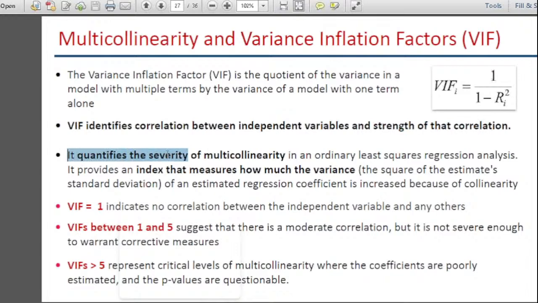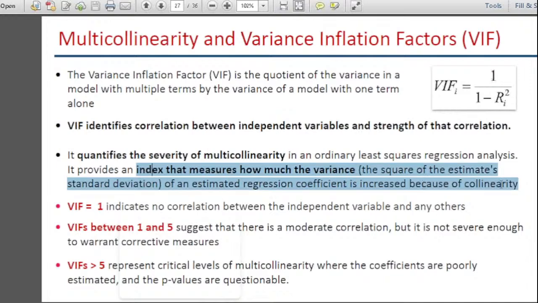It quantifies the severity of multicollinearity in an ordinary least squares regression analysis, meaning in a linear regression. It provides an index that measures how much the variance of an estimated regression coefficient is increased because of collinearity.